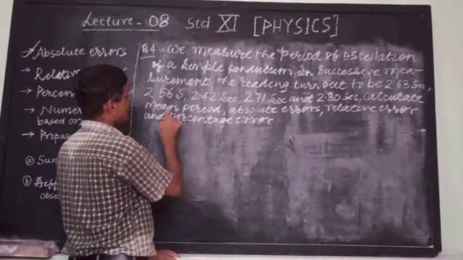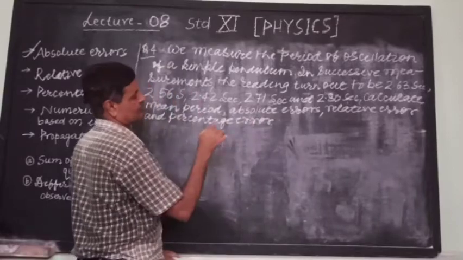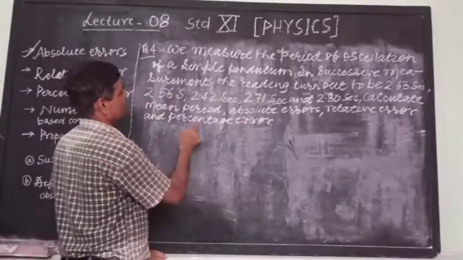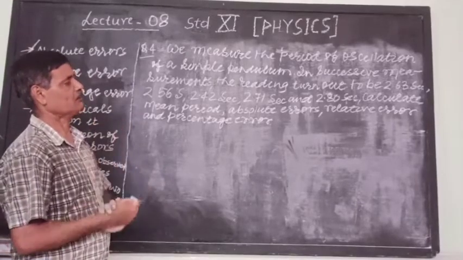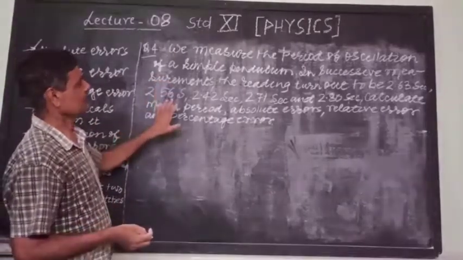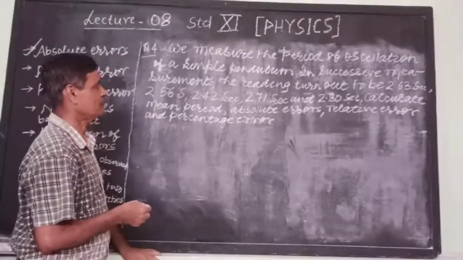Calculate mean period, absolute errors, relative error, and percentage error. All the four quantities are to be calculated. These are the values observed through a simple pendulum.